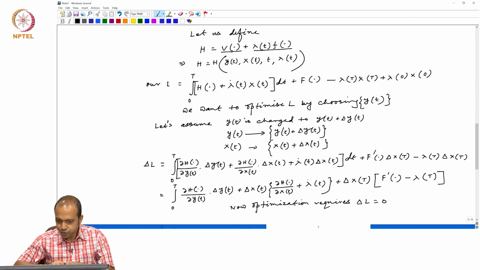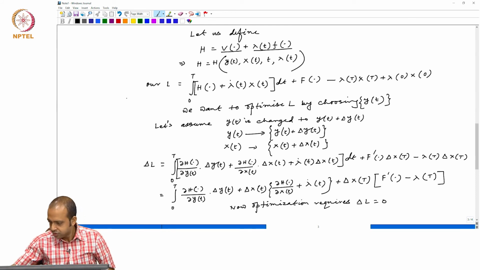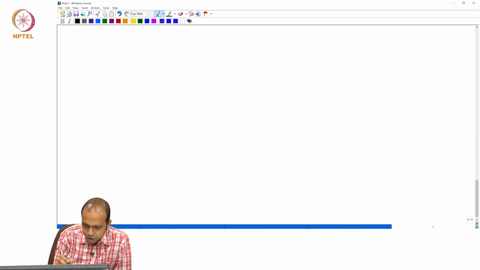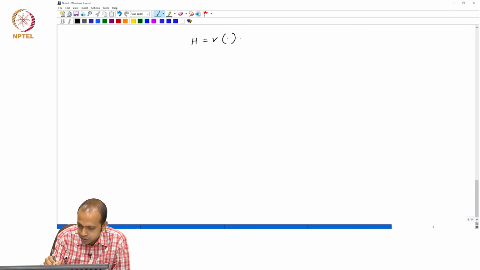So from the H function, H is basically a summation of V plus lambda T into F dot.